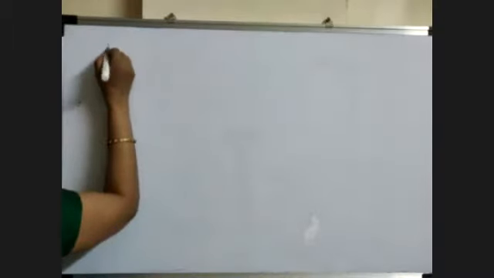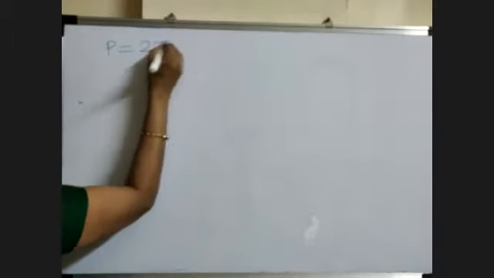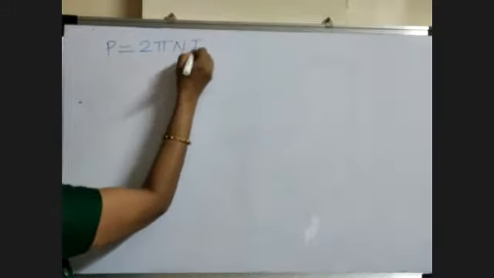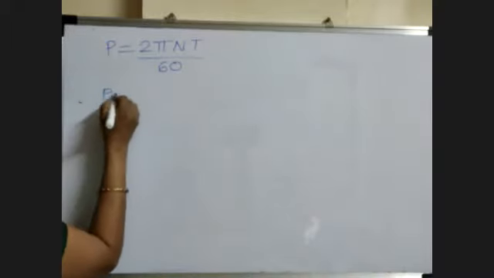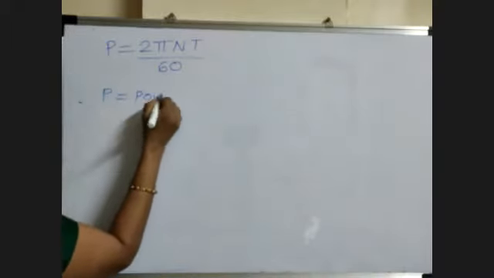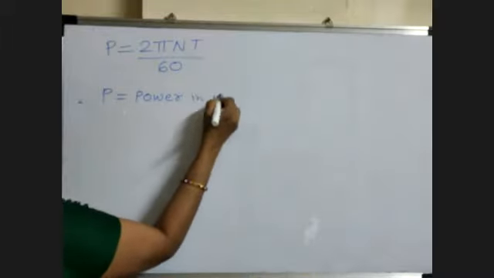Now actually what is the purpose of power? The main purpose of a shaft is to transmit the power. So the power is transmitted by using the formula P is equal to 2 pi NT upon 60. Where P means power, measured in watt.